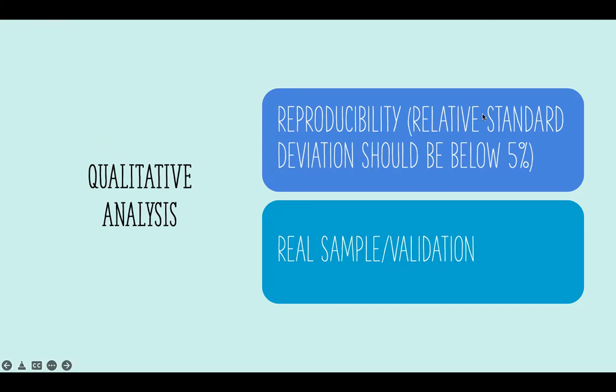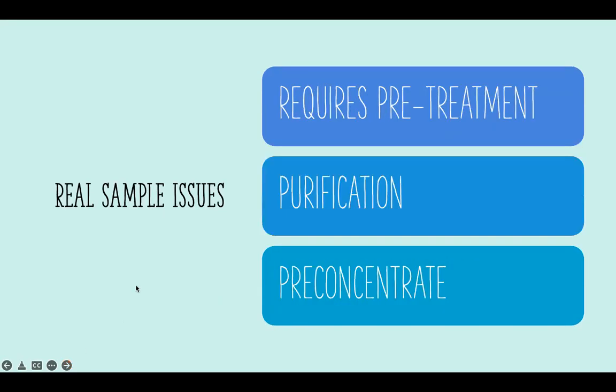And then when you calculate the relative standard deviation, it should be below 5%. If it is like 10%, then it's hard to get a good sensor from that. And again, even though it's qualitative, you have to do real sample and validations, validation with the standard method. So this one is a must in the development of sensors.